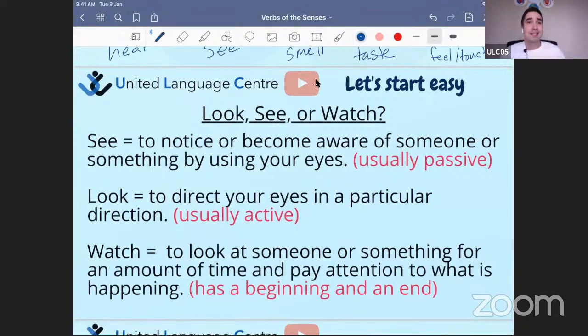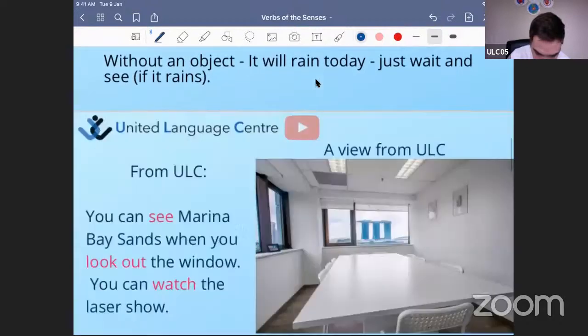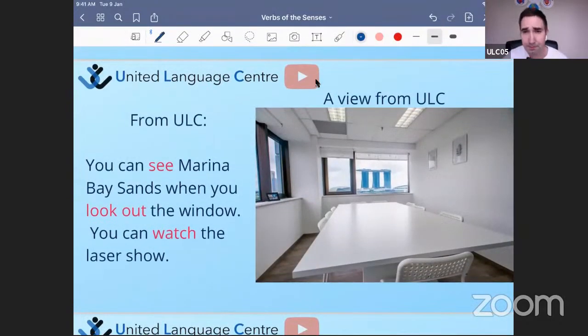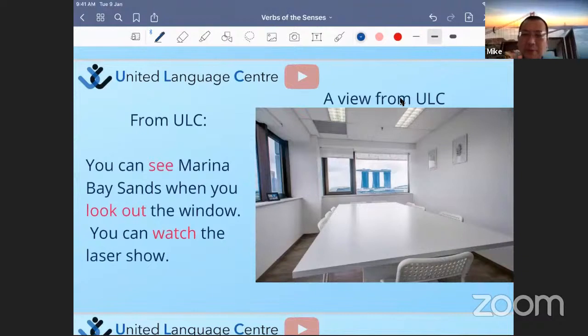So look, see, and watch. Sometimes my students find this really confusing. So we can go to this picture first. Everybody has seen this view from our amazing school. We can see Marina Bay Sands in Singapore.